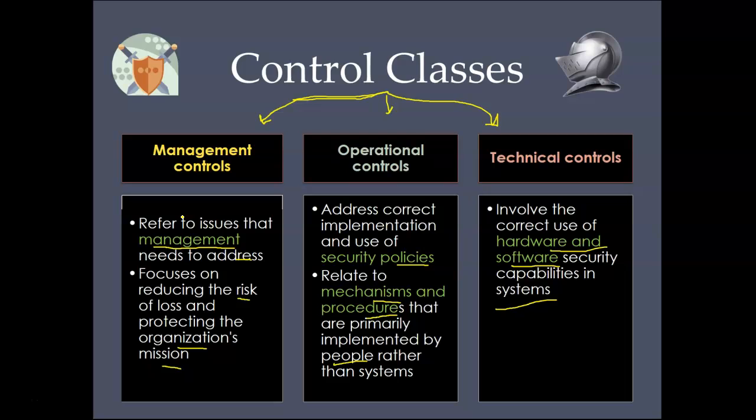So these are the three control classes: management controls, done by management; operational controls, which are the procedures and policies done by people; and the third one is technical control, which is the hardware, software and systems used to control the risks.